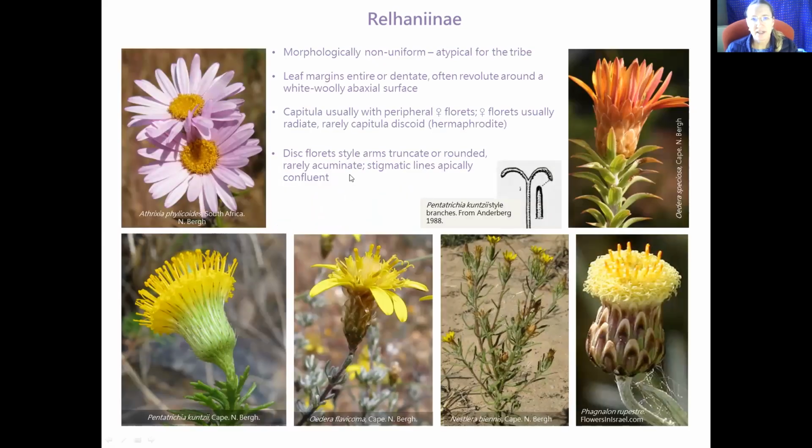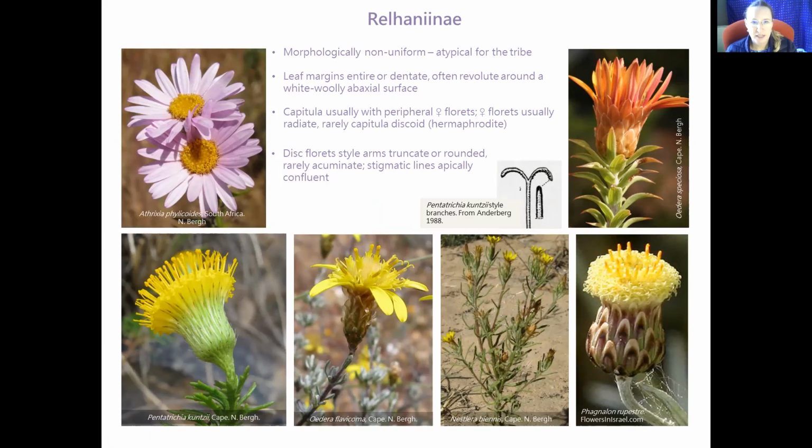And morphologically, they're non-uniform within the Relhaniinae, but also a lot of the species have quite atypical morphologies for the tribe. So although many have entire leaf margins, which is a typical feature, they can also be dentate, as in this Pentatrichia. They often revolute around a white woolly abaxial surface.